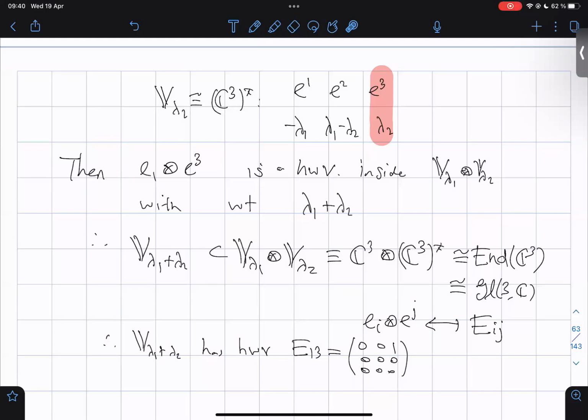This reminds me of creation and annihilation operators in quantum mechanics. But if you apply the creation operator many times, you still obtain new states.